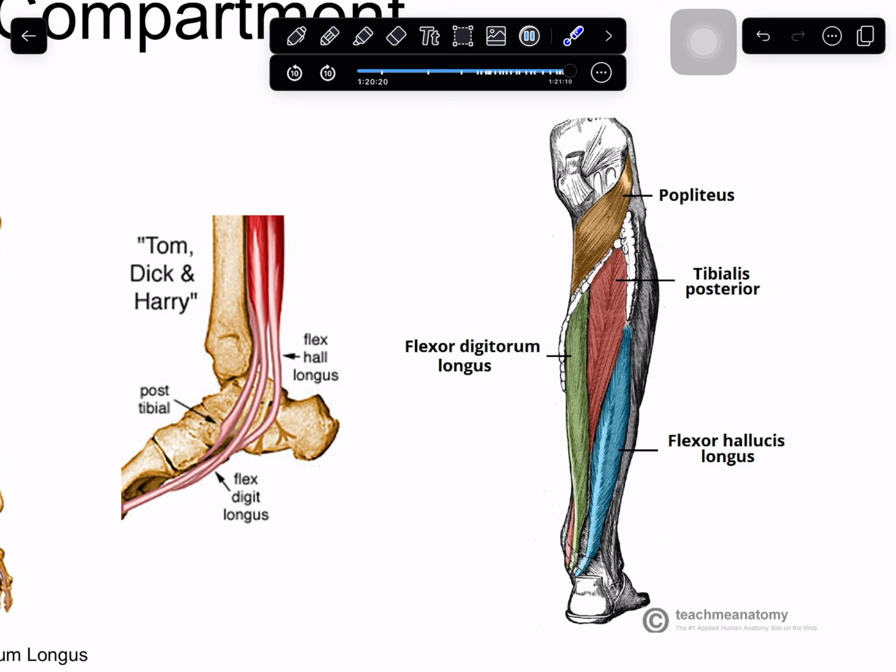You're going to have your digitorum longus more medially placed, and your hallucis longus more laterally placed, with the tibialis posterior sandwiched deep to the 2 of those. And it's still visible, but it underlies these 2 lateral and medial muscles, right? The flexor digitorum longus and the flexor hallucis longus.